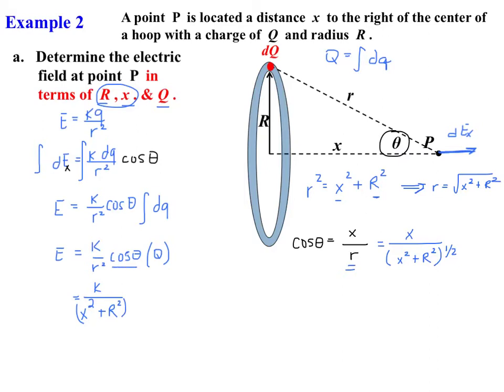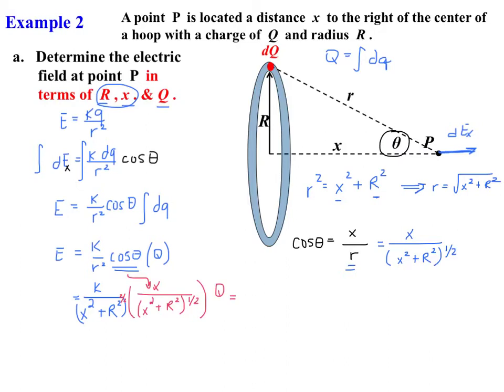So that means where I see my cosine theta, I'm going to replace it with x over x squared plus R squared to the 1/2. If we simplify that, remember here we have an invisible 2 over 2, or to the 1 power.